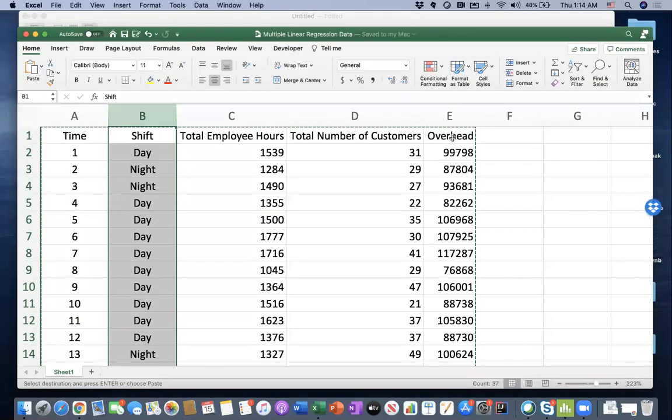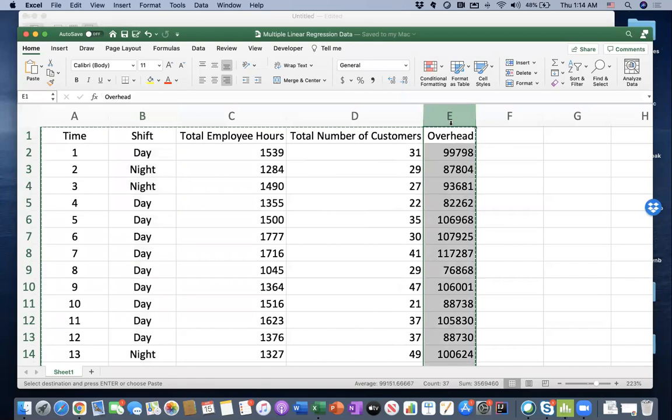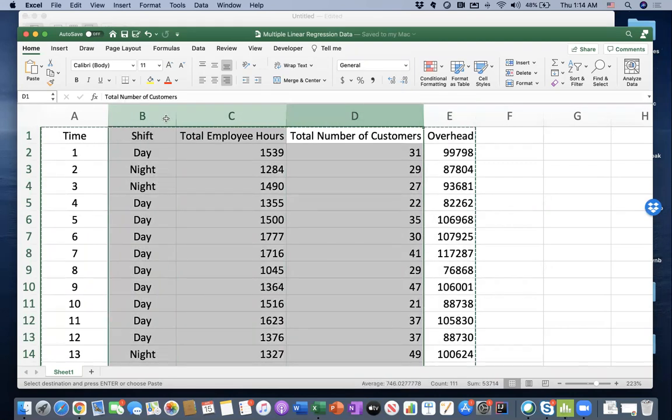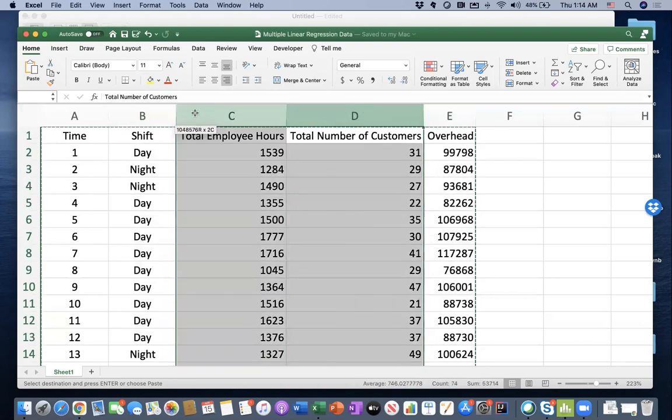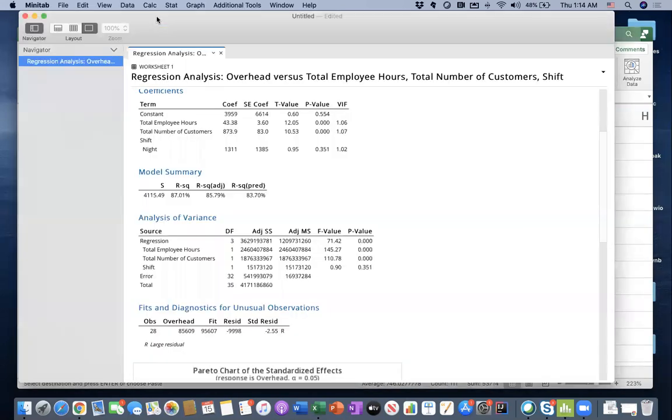So 87% of the changes happening in this overhead column can be explained by these three variables. It is almost like a predictive power that we can relate to. But mathematically, it is just the percent of the variance in this column that you can explain by using these three variables. Okay, so the adjusted R-square is less than that.